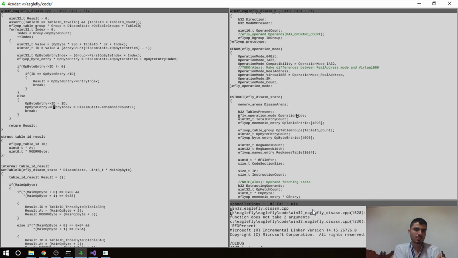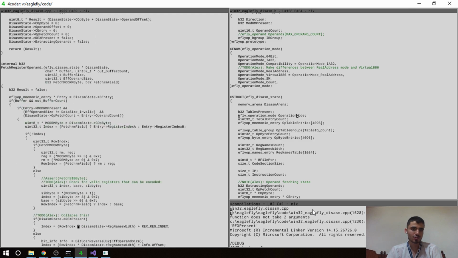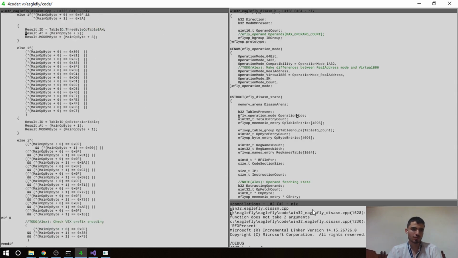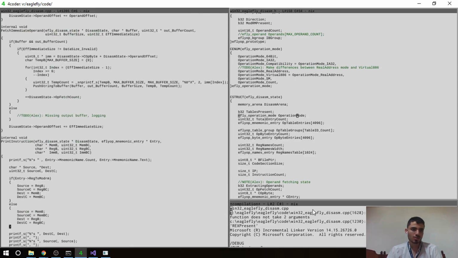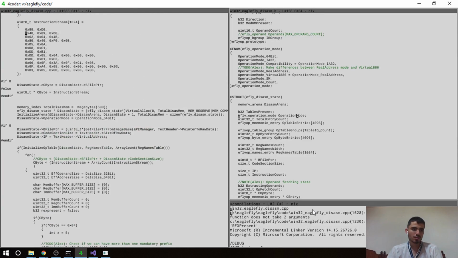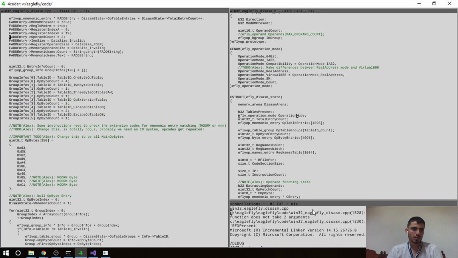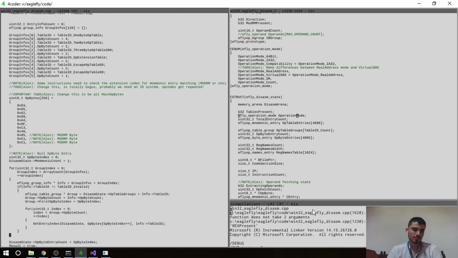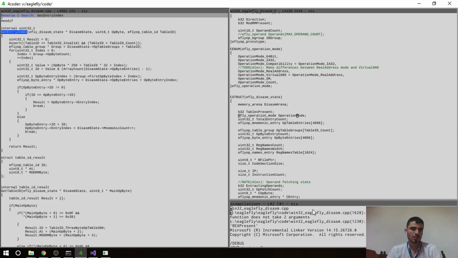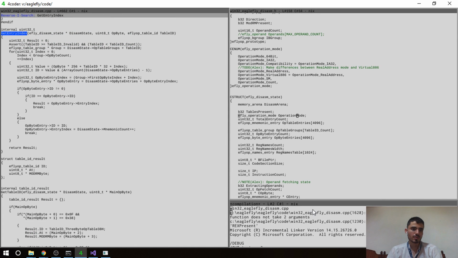Well, this can be pretty much the same, I guess. Yeah, I was trying to make a kind of assertion there, so it will be easier for us to check that we have a valid entry. Does get entry index return a valid one?